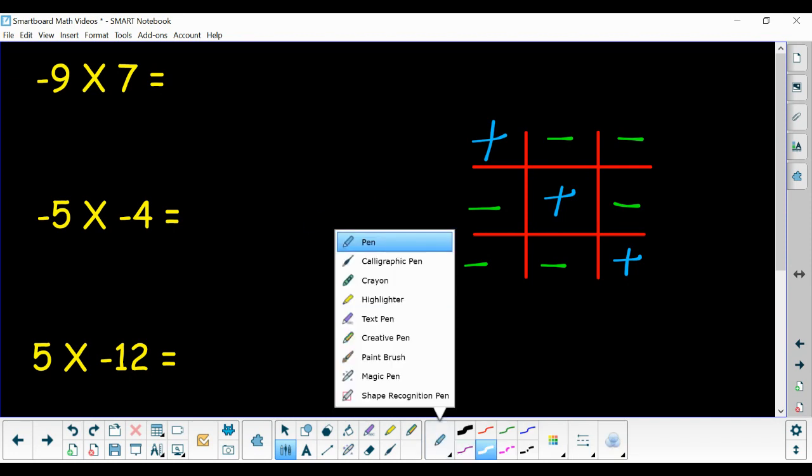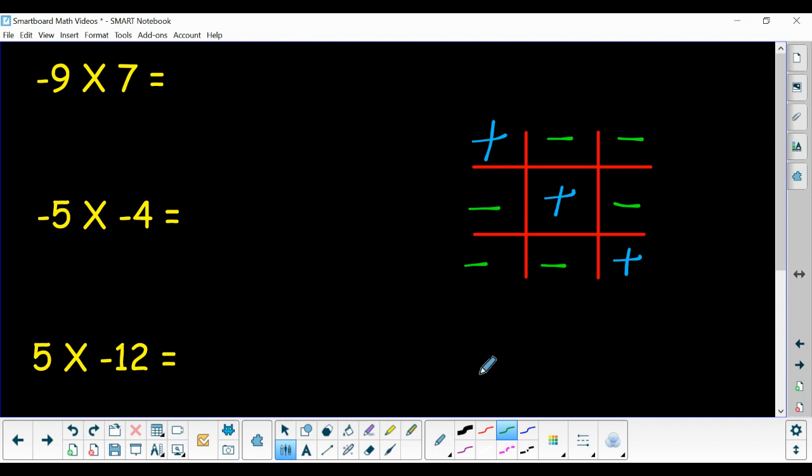So let's say I have right here, let's make a different color. Positive times negative equals negative. Negative times positive equals negative. Negative times negative equals positive.